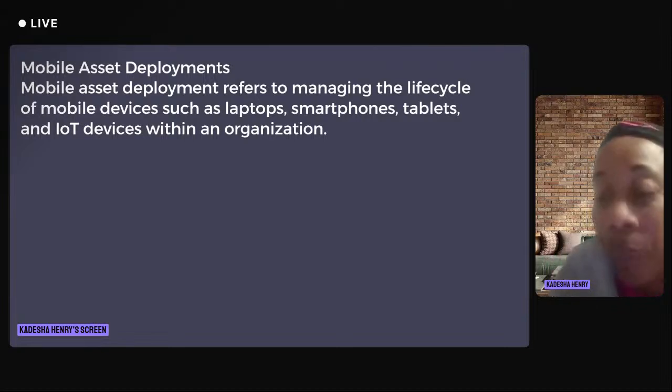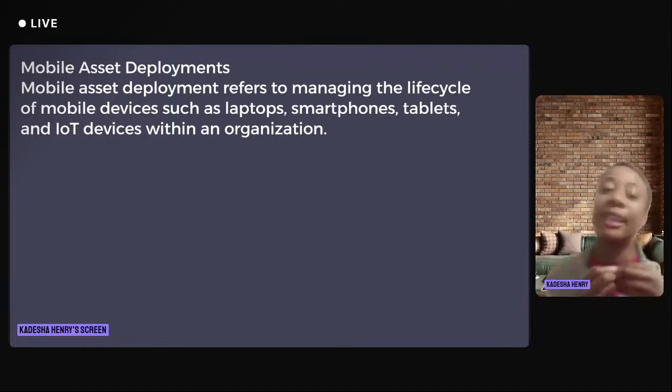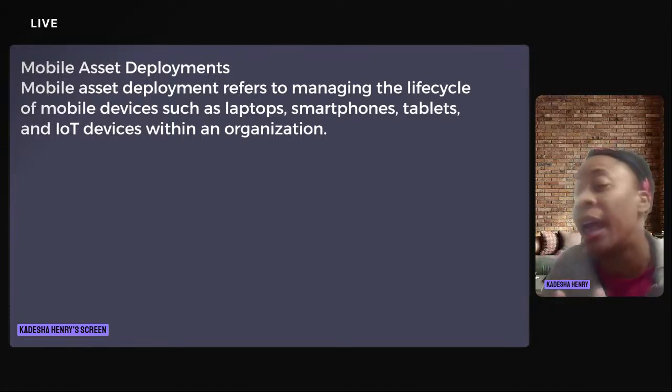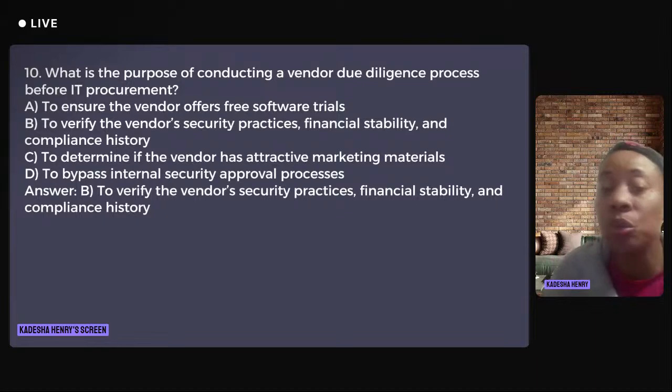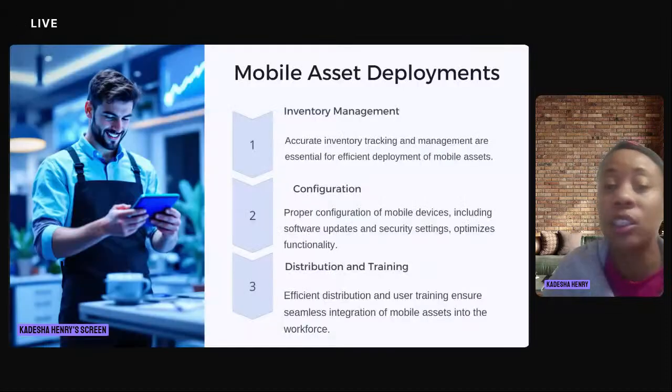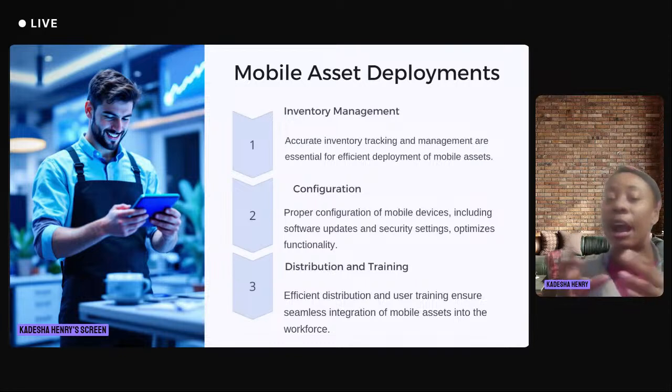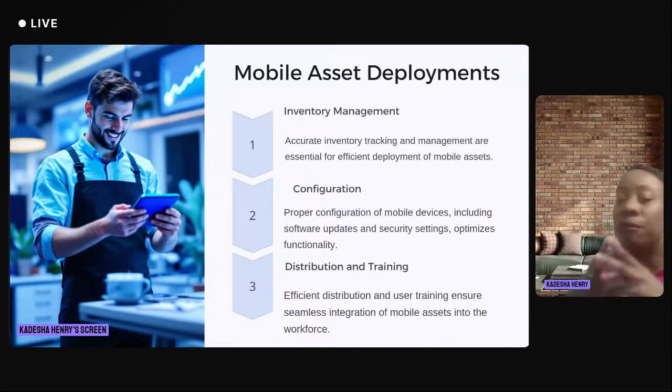Things within the organization. So these are assets that we are using within the organization, and our employees are the ones that are going to be using them to carry out their work, right? So that's what we mean. So when we are doing mobile asset deployment, we have to do an inventory, right?